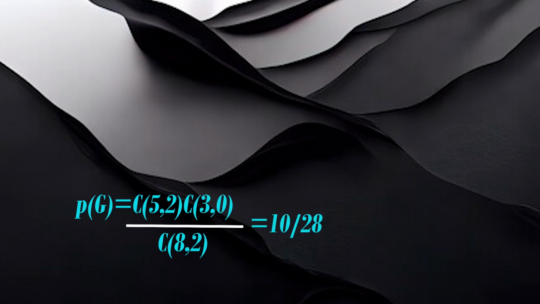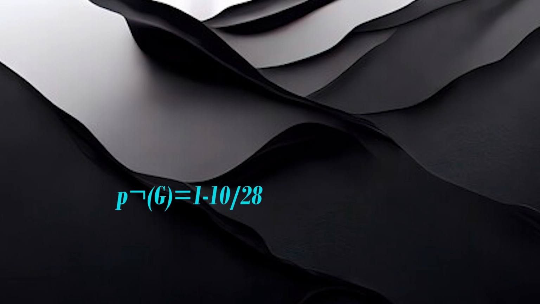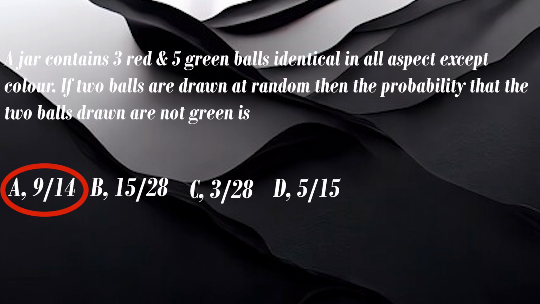That is 10 over 28. So the probability of not green is 1 minus 10 over 28, which is 9 over 14. Is it clear? Let's see another example.